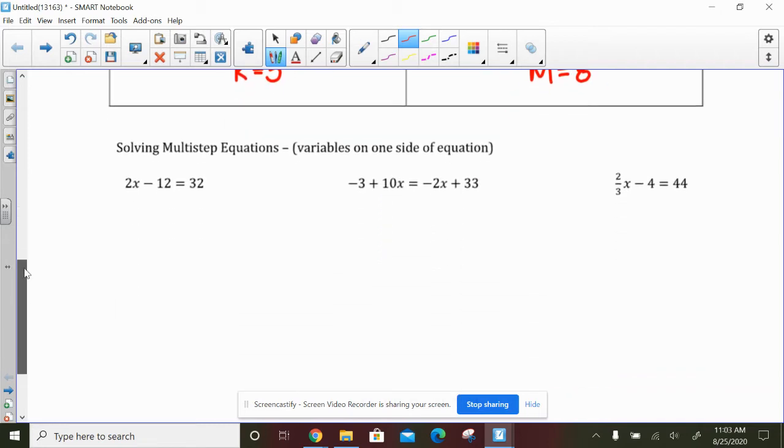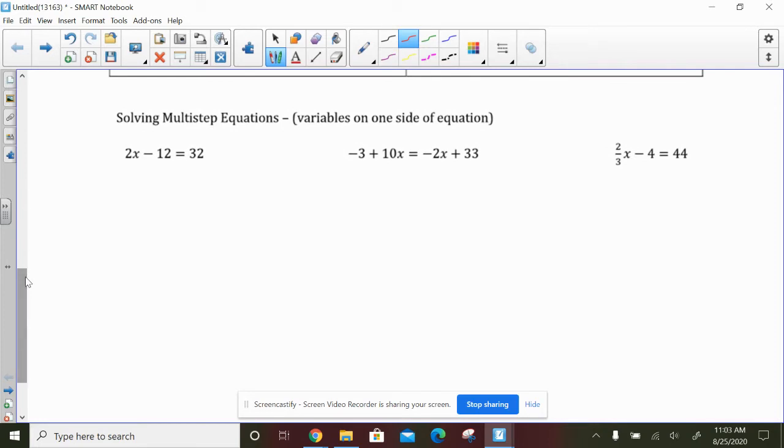So now let's look at these 3, which are your multi-step equations, but you have just a variable on one side of the equation, well, with the exception of the second. Okay, so on this first one, 2x minus 12 equals 32. You want x by itself, so the first thing I'm going to do is get rid of the 12. So instead of subtracting 12, I'm going to add 12.